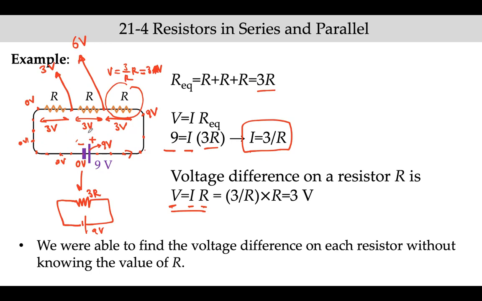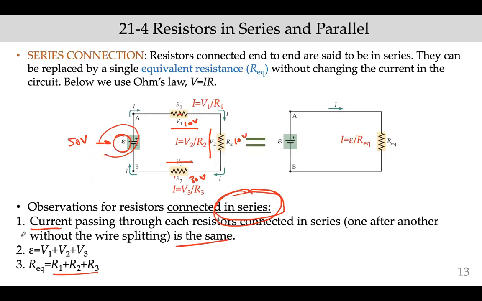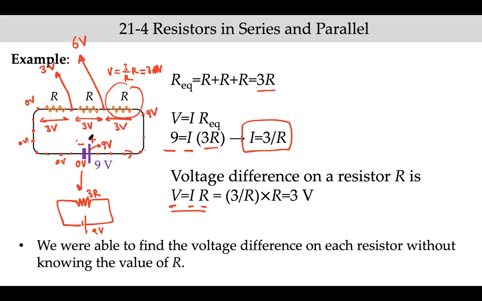And you can also look at the voltages, what we said. Let's go back to the previous slide. Here, the second point says if you add up the voltages, it will give you the voltage of the battery. And indeed, that's the case. If you add up 3, 3, 3, it gives you 9 volts, which is the voltage of the battery.